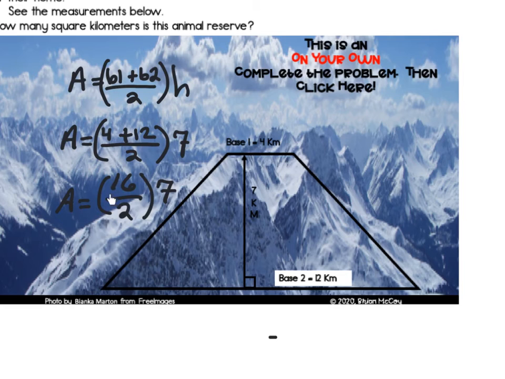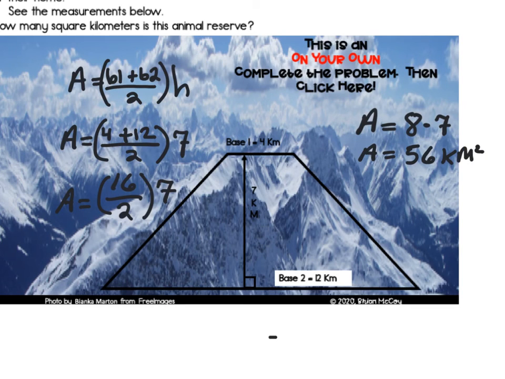So 16 divided by 2 is going to give me 8, right? So I'm going to go A equals 8 times 7, right? And that's because 16 divided by 2 gives me 8, and then I've got the 7 here. And 7 times 8 is simple. That's going to give me 56, right? So A equals 56, and that is kilometers squared.